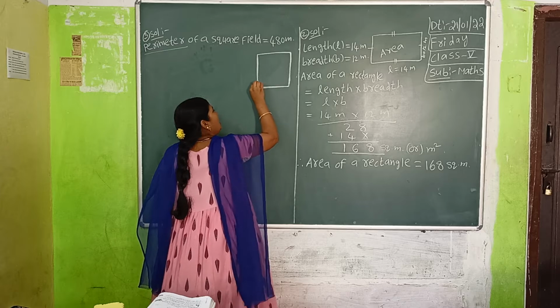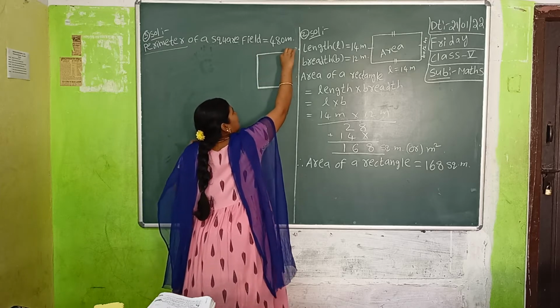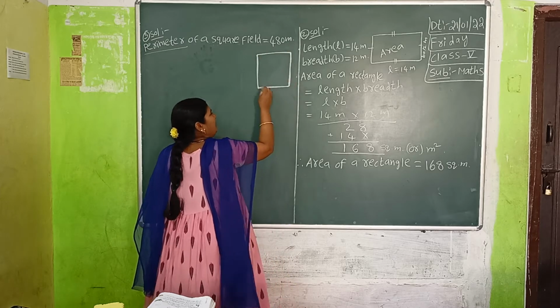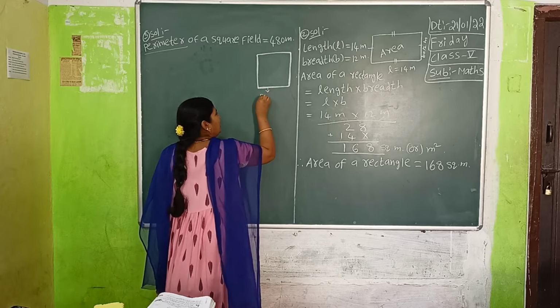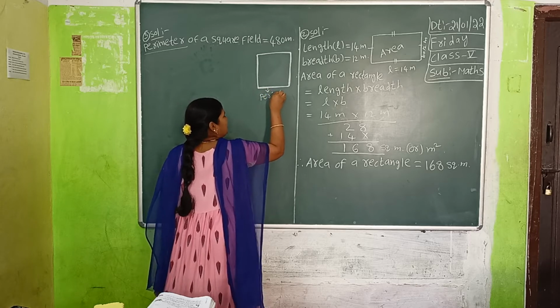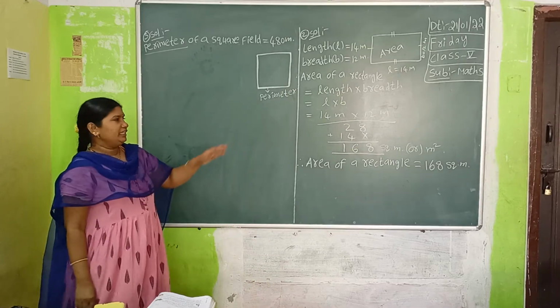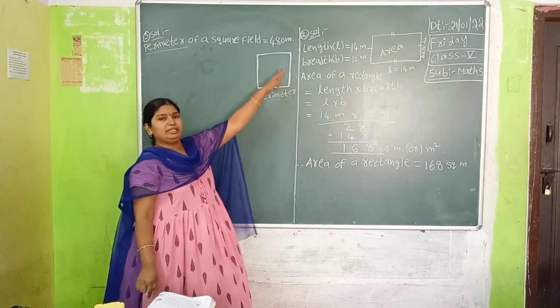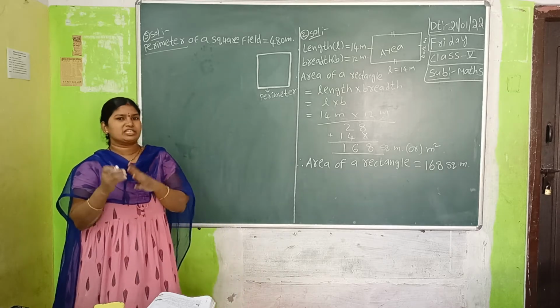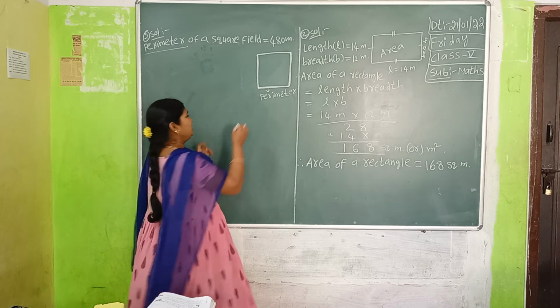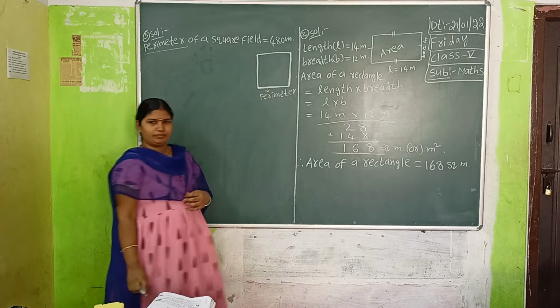The distance covered by this outline is known as perimeter. Only the outer surface. Okay. It is known as the perimeter of the given square shape, that is 480 meters.